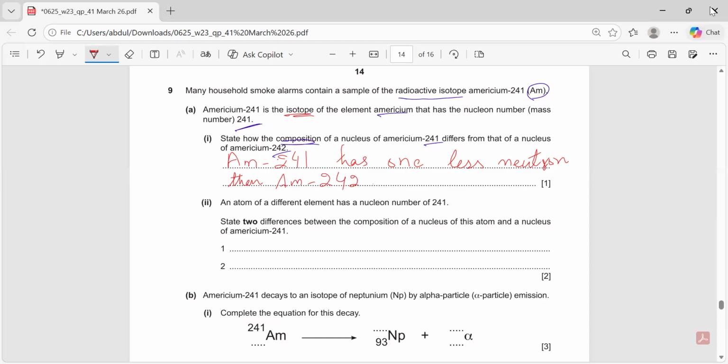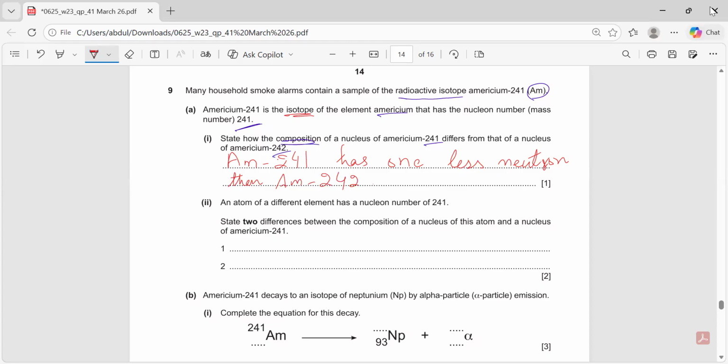Isotopes are the atoms of the same element with different numbers of neutrons and the same number of protons. So, either americium-241 or 242, their number of protons will be the same. I did not write that, because they want how it differs. If they were asking for the similarity, I would write that they have the same number of protons.